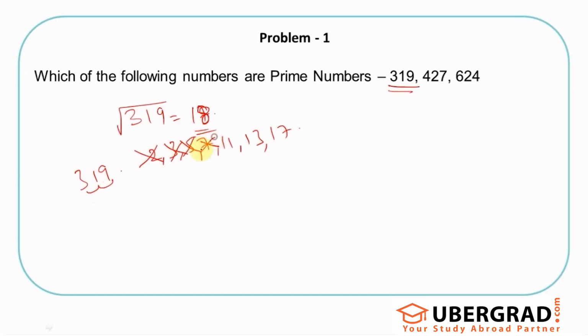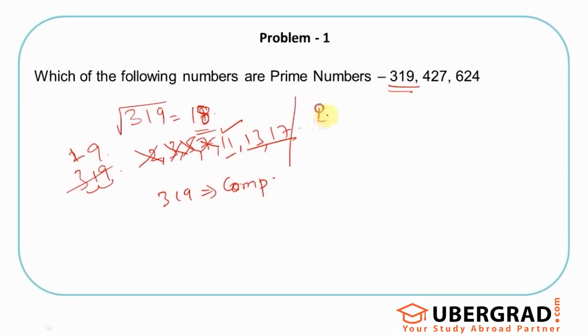So 7 is also not a factor. 11 ones are 11. Sorry, 11 twos are 22, so I get a 9. 11 nines are 99. So it is divisible by 11, which means it's a factor, and I don't need to check the others. I know that 319 is a composite number. It's not a prime number because it is 11 times 29.